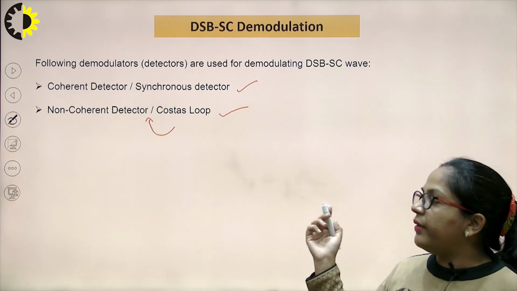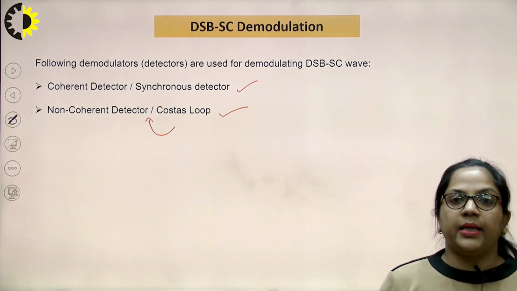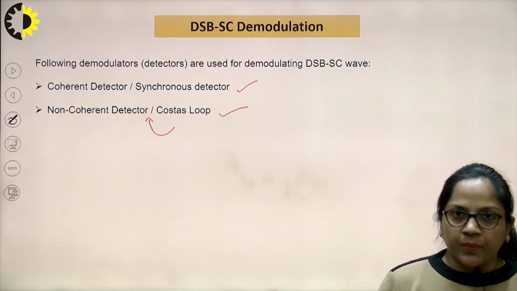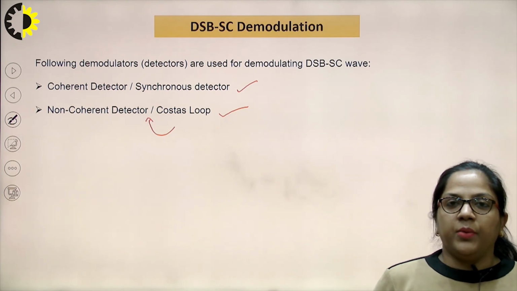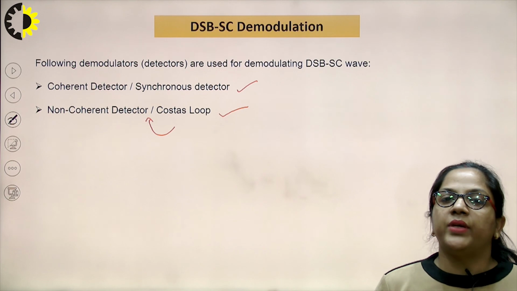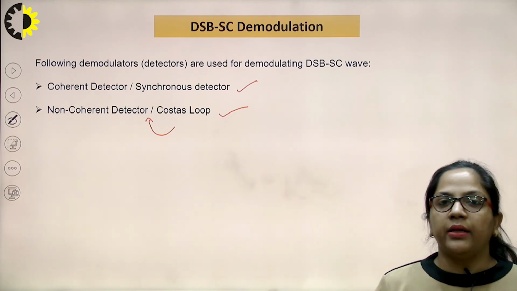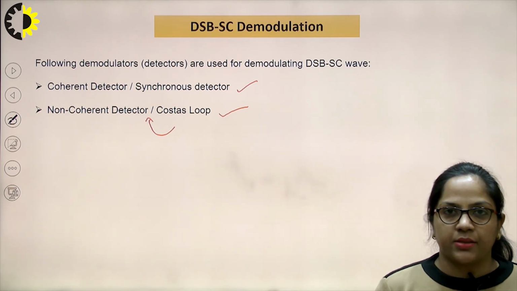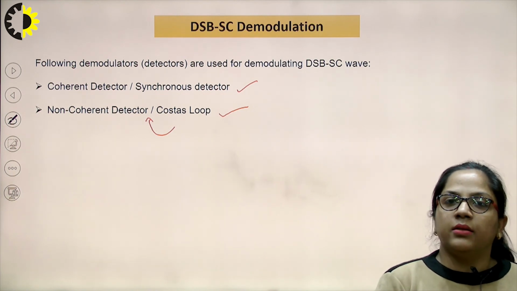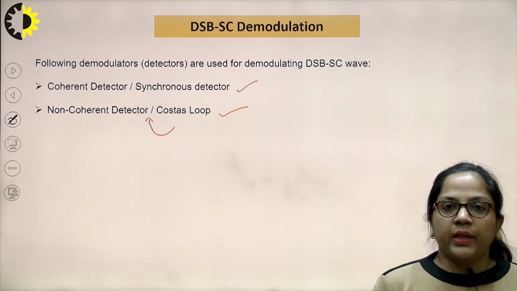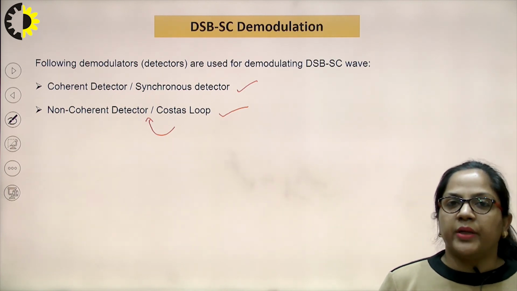Then we have seen the advantages, disadvantages and the application of AM waveform. Then we have seen the main disadvantage of AM waveform is the wastage of power in transmitting the carrier along with the sidebands.